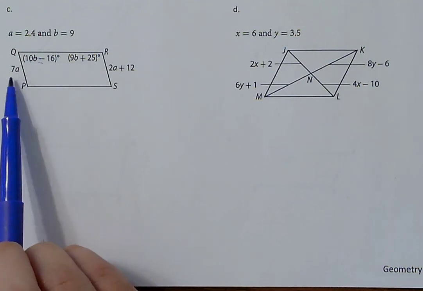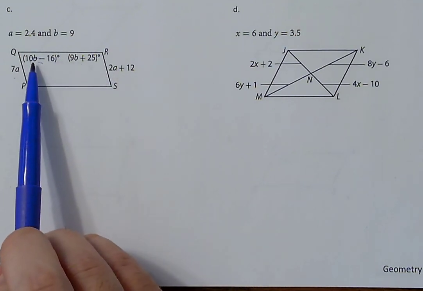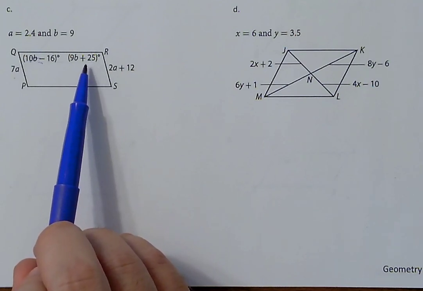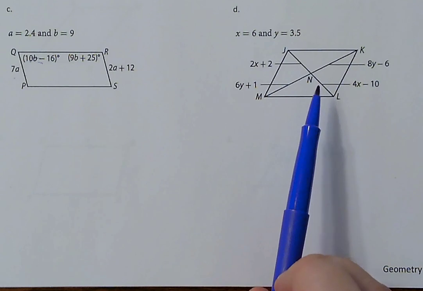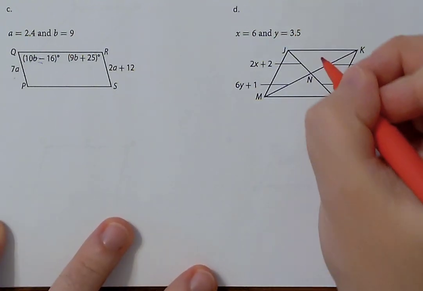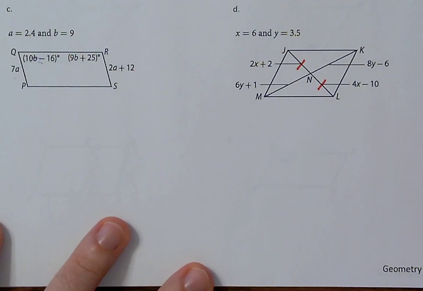So you'd figure out if QP is congruent to RS, and then if angle Q plus angle R equals 180. All right, and then for part D, because we're dealing with the diagonals, the goal is to confirm that the diagonals bisect each other. So that means you would need JN to be the same measure as LN.